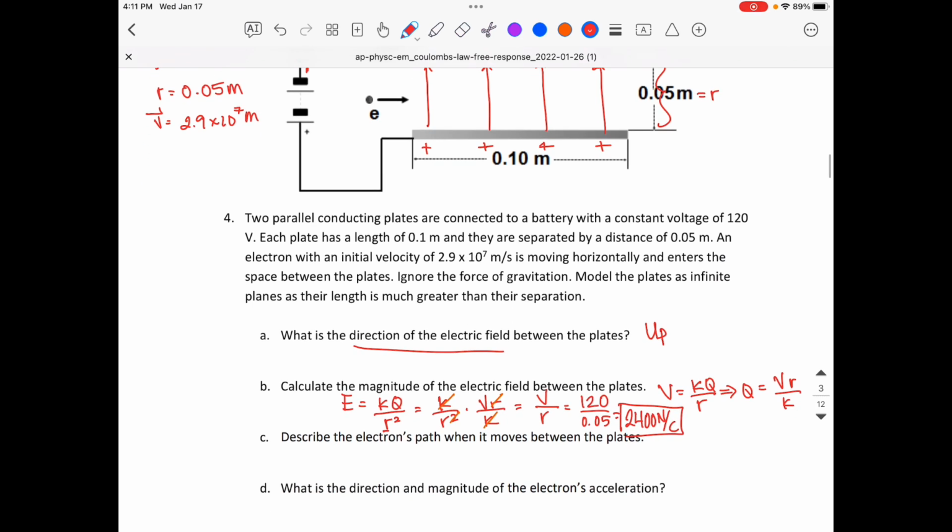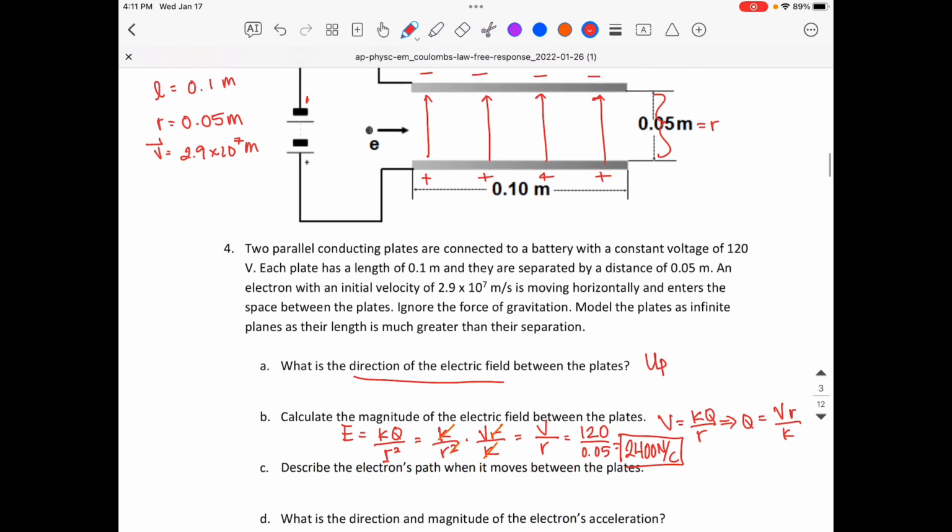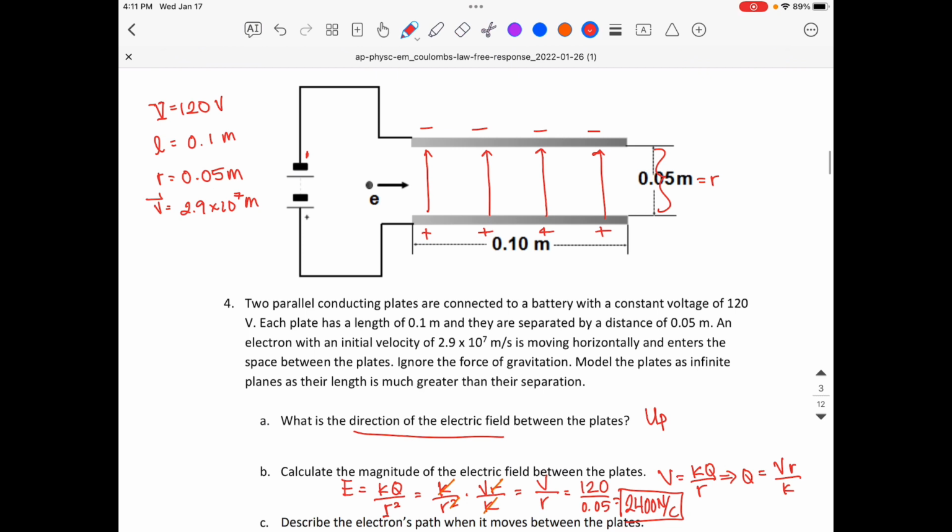Part B. The next scenario says describe the electron's path when it moves between the plates. So when we have an electron moving horizontally, it's going to continue to move horizontally at a constant speed. The only force that is acting on it is due to the electric field.